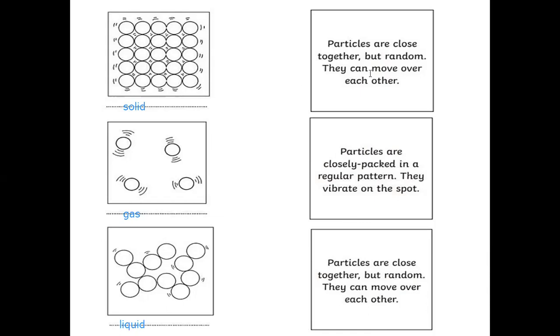So at first, when it says particles are close together but random, they can move over each other, they can move past each other. So what are they? What do you think?